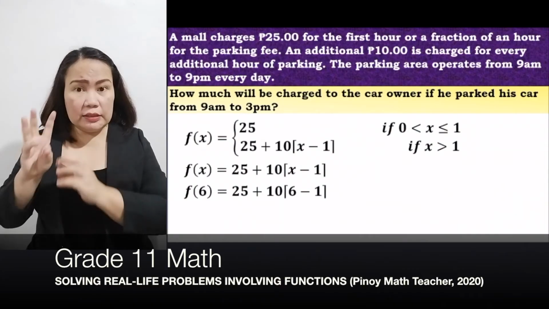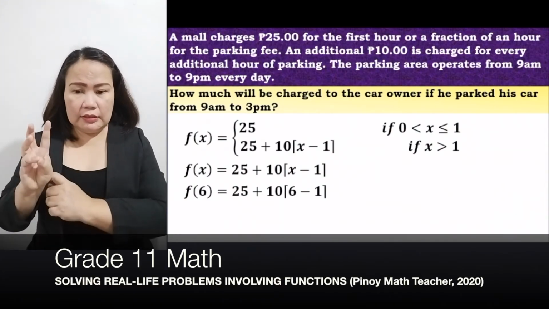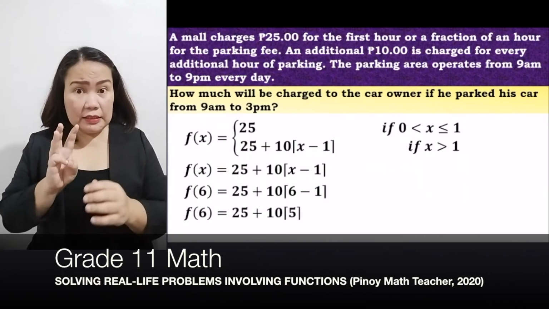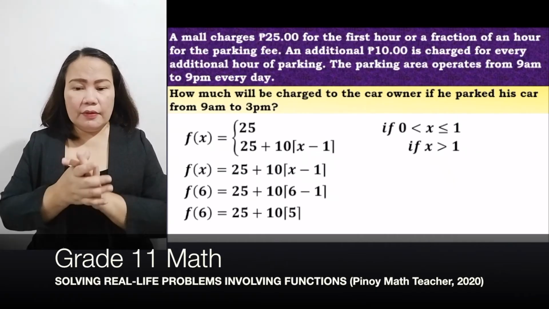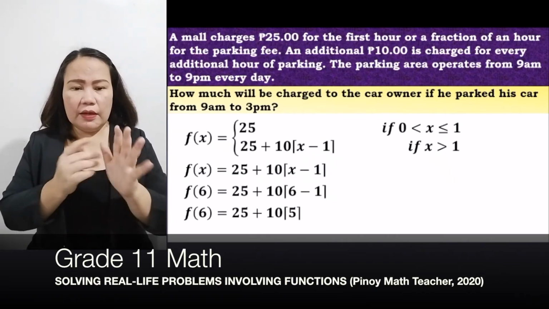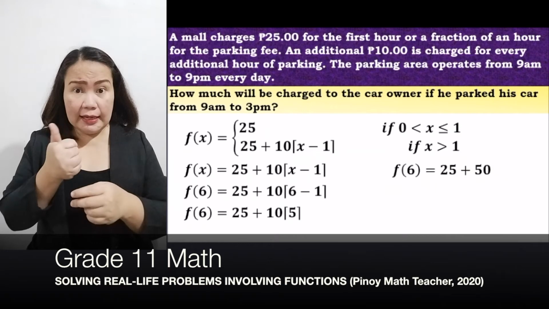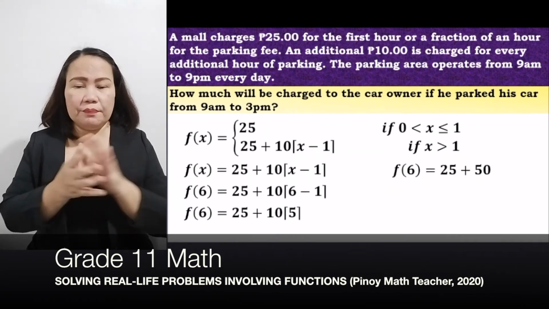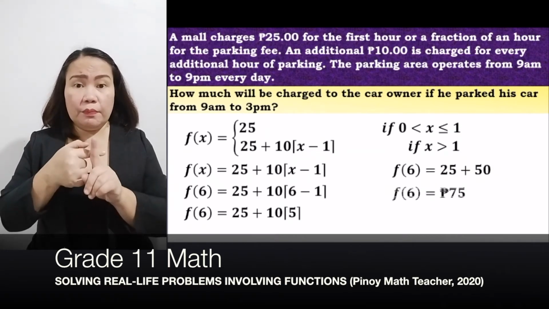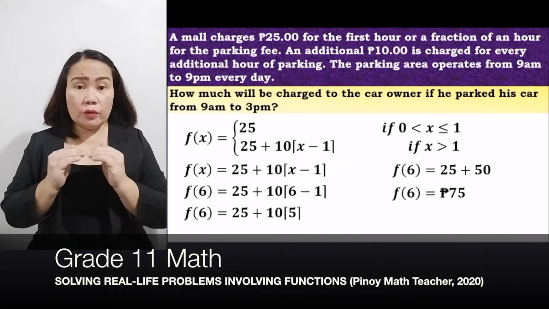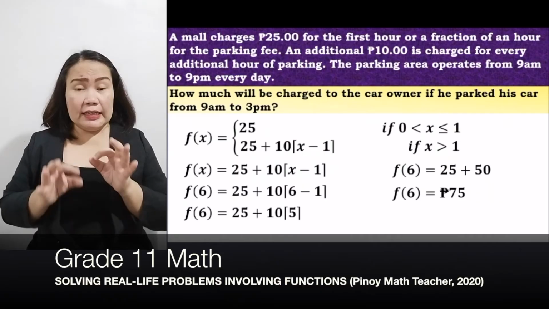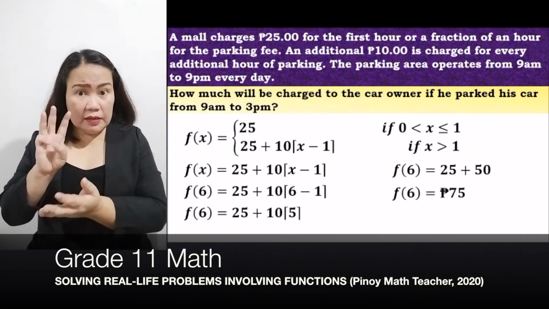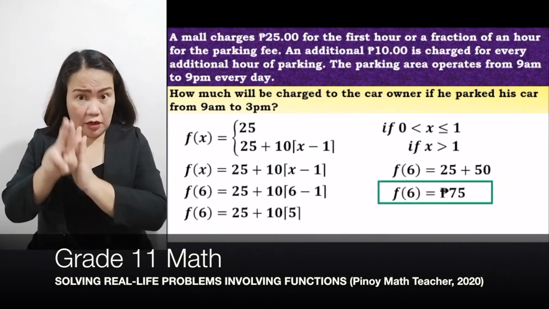Okay. So, kuhanin natin yung difference ng 6 at 1. Ito ay 5. Next, kuhanin natin yung product ng 10 at 5. Okay, 50. Next, 25 plus 50, that is 75. Ibig sabihin, kung 6 hours siyang nakapark doon, ang kanyang babayaran ay 75 pesos.